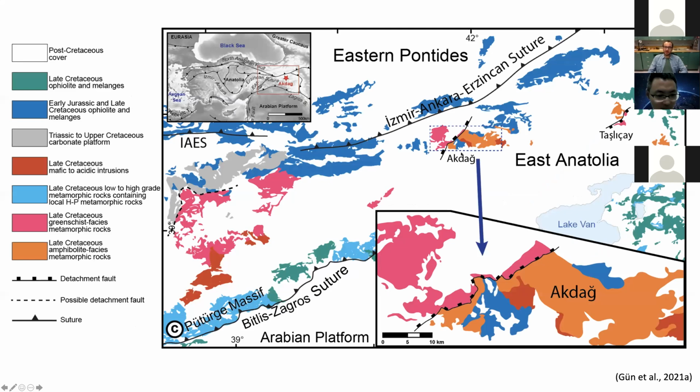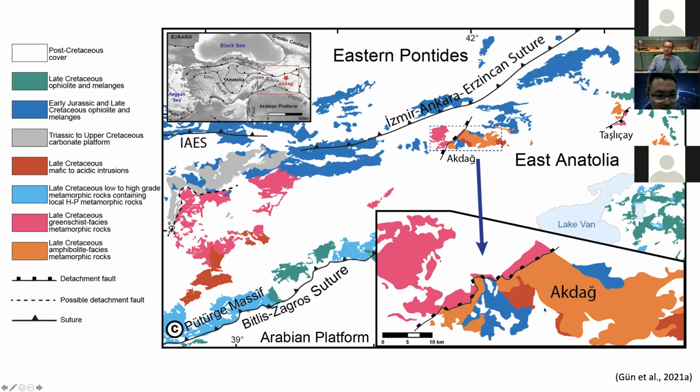So we know that these higher grade metamorphic rocks here in the Akta region, which are late Cretaceous amphibolite-facies rocks, exhumed to the surface, subsurface levels along these detachment faults. Also, we know that the collision along the Izmir-Ankara-Erzincan suture was 50 million years ago.